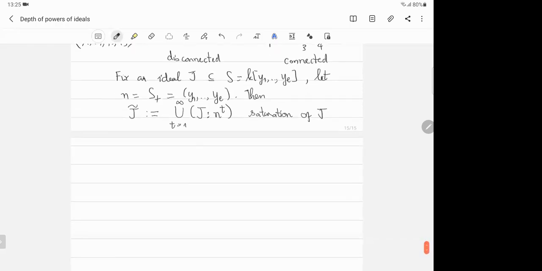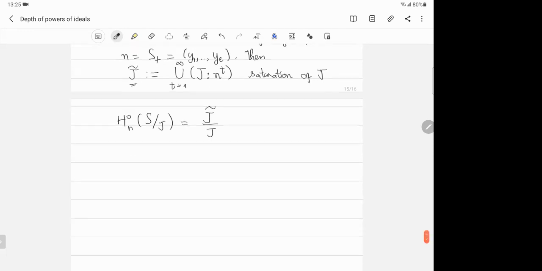And why is this relevant? Because if you compute the zeroth local cohomology, by definition this is everything in S/J which is killed by some power of N. And if you compute it, it is actually the saturation of J over J. You see, this is relevant to our discussion of depth.